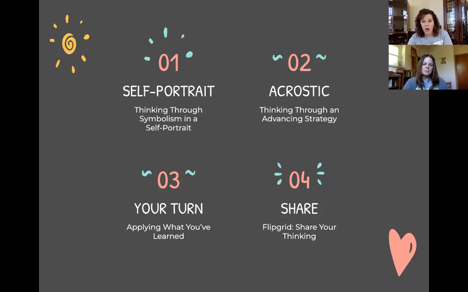We'll be sharing what we've created and model the thinking that we used in taking and explaining our chosen words. We're then going to challenge you to create your own self-portrait that will include symbols that are meaningful to you and your family. You'll also create your own acrostic poem. Finally, we're going to show you where you can record a quick video to explain your self-portrait and your acrostic poem with the rest of us so that we can learn from each other.